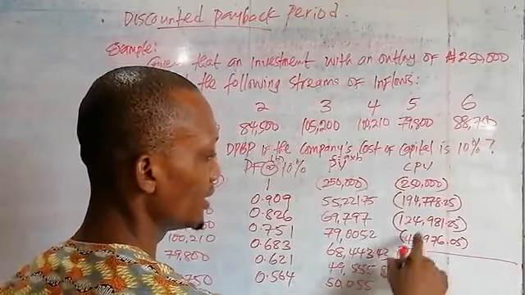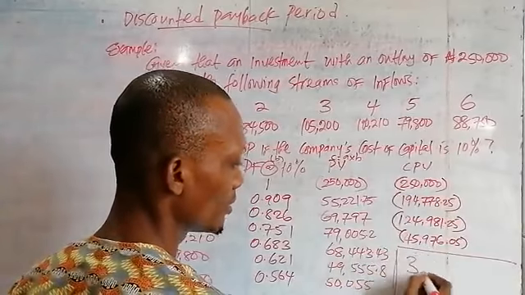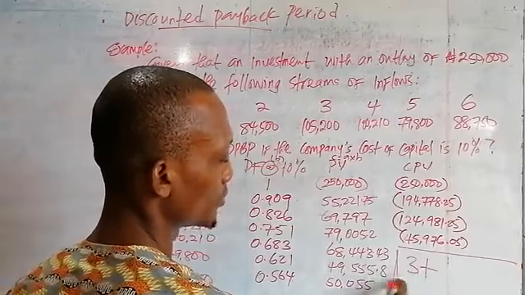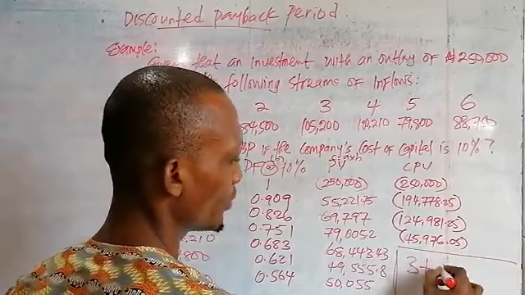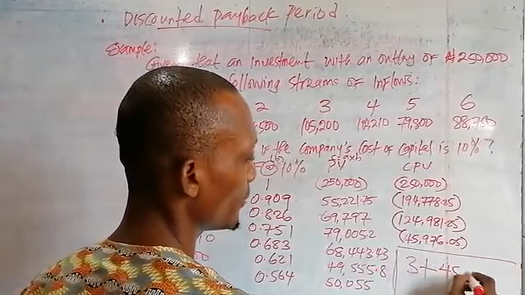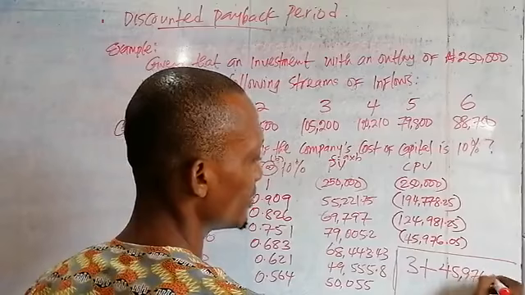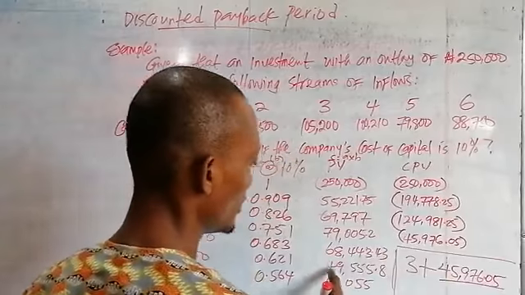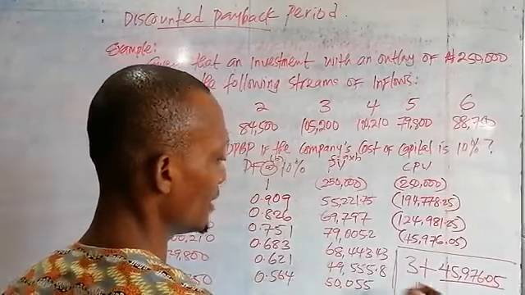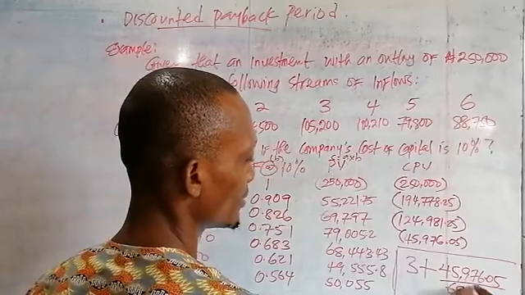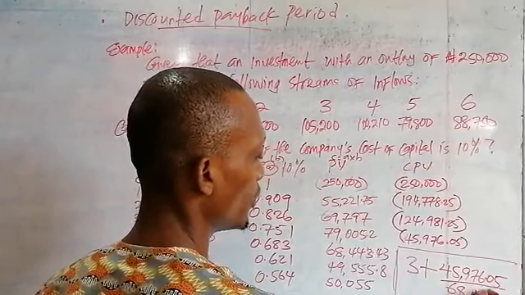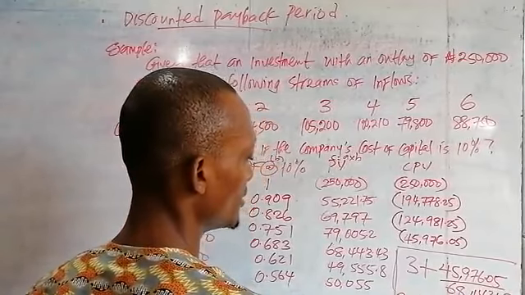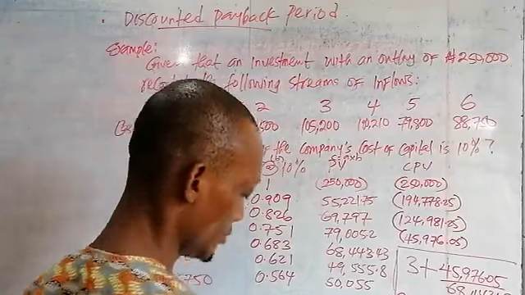It will now be 3 years plus 45,976.05 all over 68,443.43.